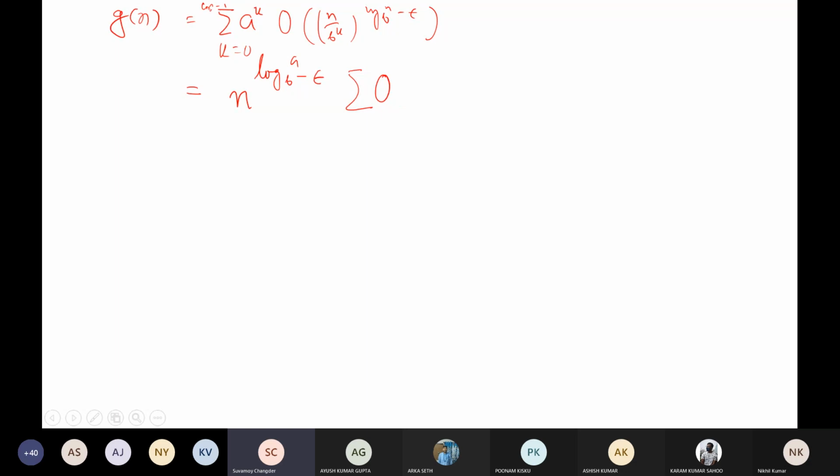So big O of the sum of a to the power k big O of (1 by b to the power k) to the power log a base b minus epsilon, that we can write.